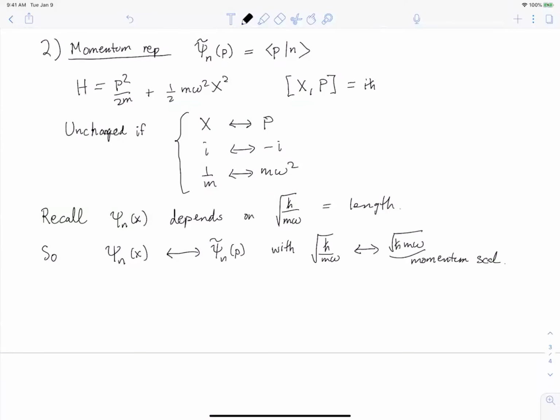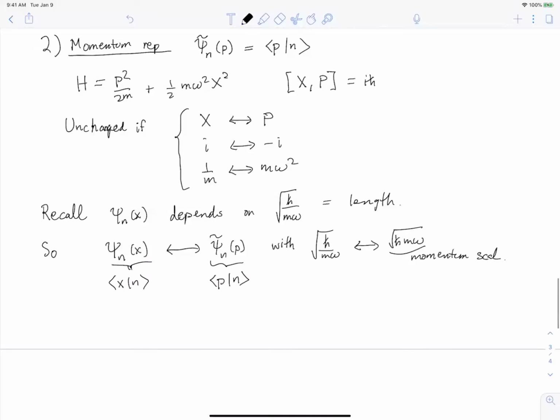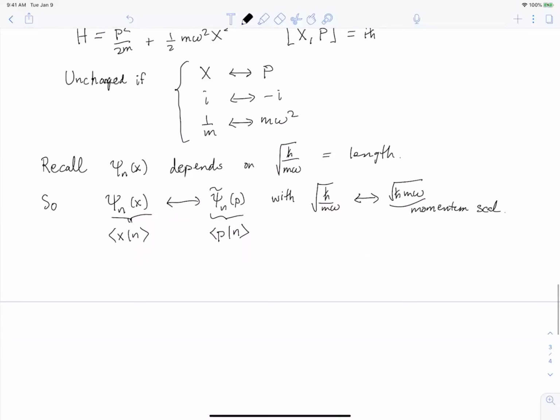Okay, and this wave function is xn, and this momentum wave function is Pn. So in order to write the momentum wave function, we should use this momentum scale.